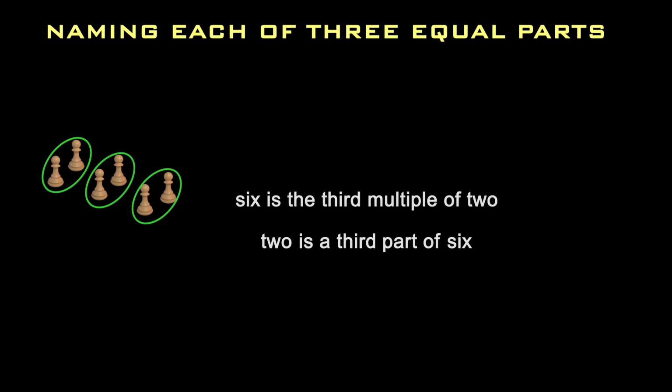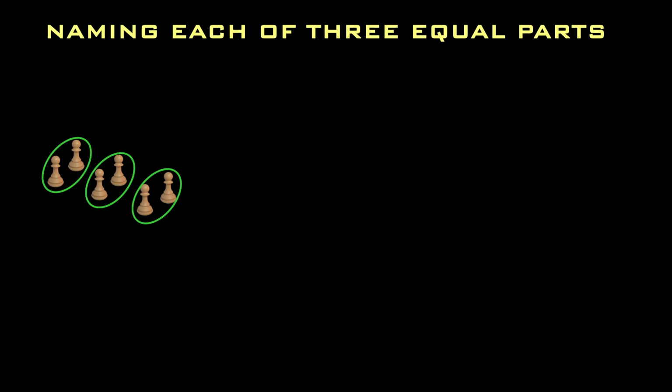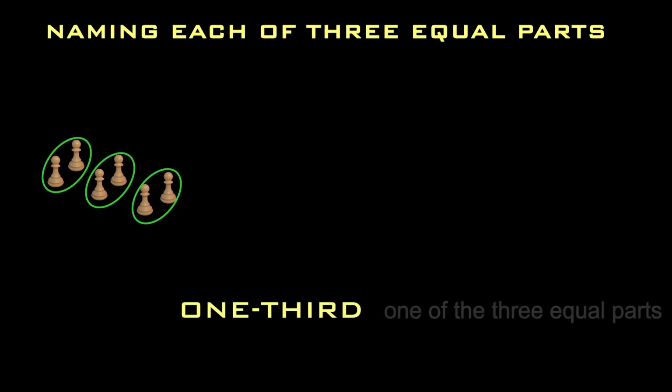In the case of two equal parts, we did not say half part, so we dropped the word part to get 2 is a third of 6. And we say that one of the three equal parts is 1/3. 1/3 is derived from the multiple of the number in each part that gives the number in the group.